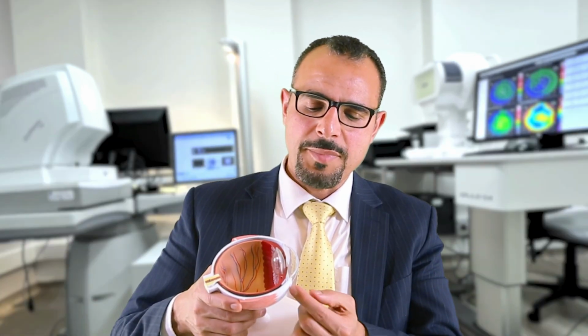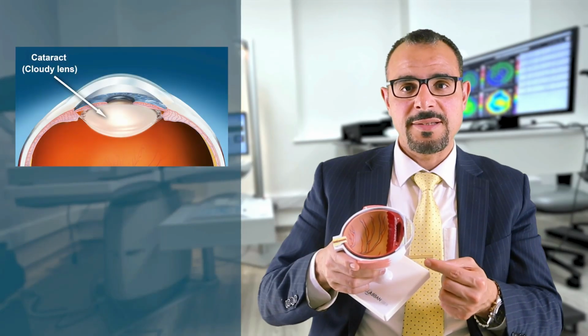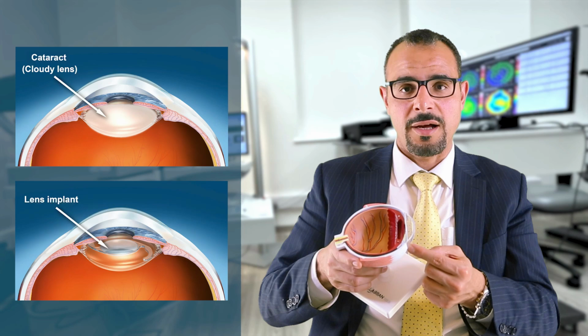Looking at the eye model, the surgery is often done by making a small incision in the cornea, the front part of the eye, which is usually about 2 millimeters in size, and then the instruments go through this small incision to break up the lens into smaller particles, and then these smaller particles are vacuumed or aspirated outside the eye. When the lens is removed, a replacement lens is injected inside the eye.